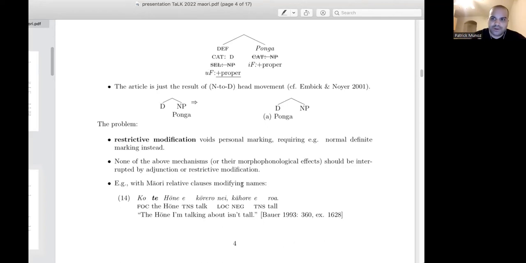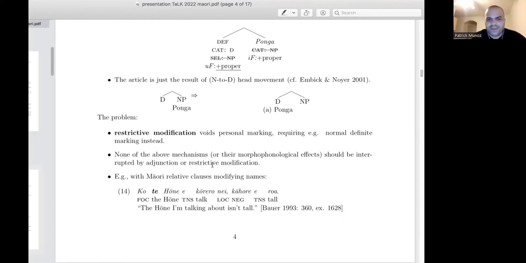If you restrictively modify the noun phrase, you have to go back to the regular marking and use the instead of things like a. So restrictive modification voids personal marking, requiring marking typical of common nouns as opposed to proper nouns instead. And none of these mechanisms, head movement, agreement, selection, should be blocked by adjunction or by restrictive modification, and neither should their morphophonological effects, right?